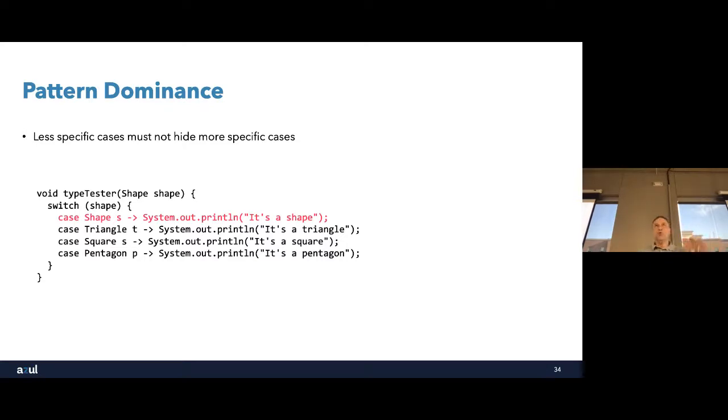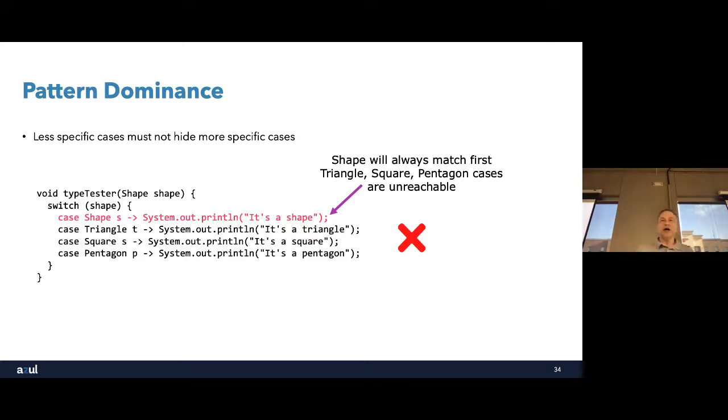So shape will always match, and that means that the triangle t, square s, pentagon p cases are unreachable. There is no logic in having those there because everything will match on shape. So the compiler will complain, it will say shape will always match first, unreachable code, and you have to then reorder things.